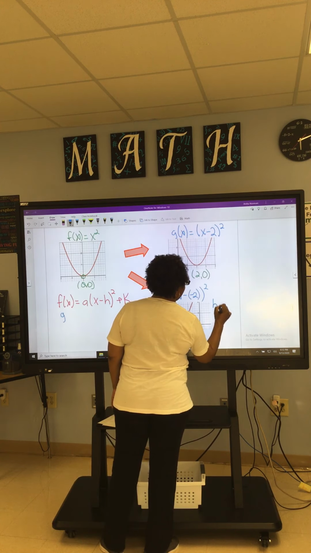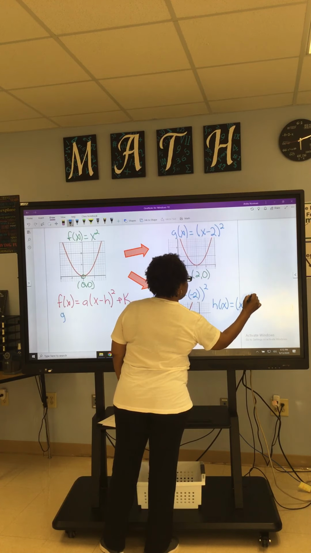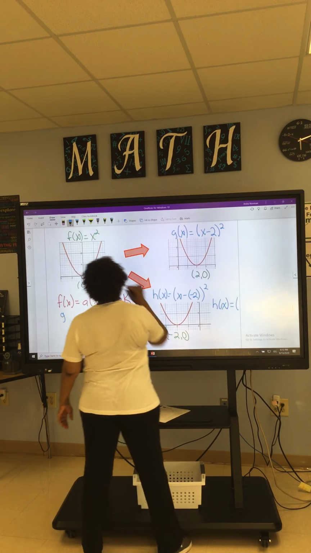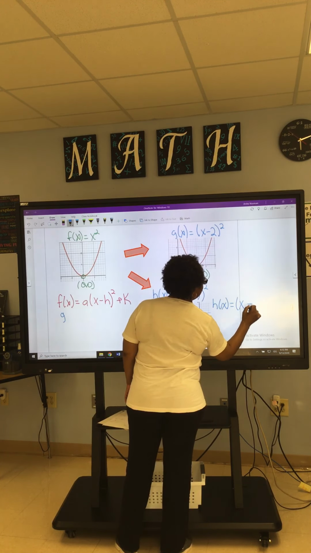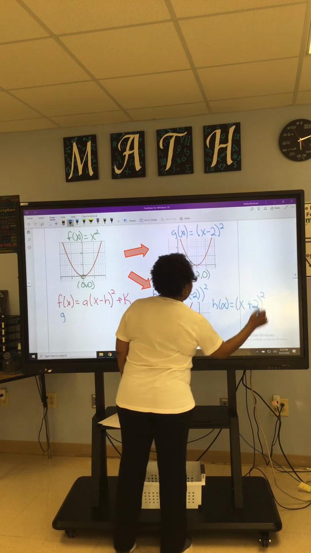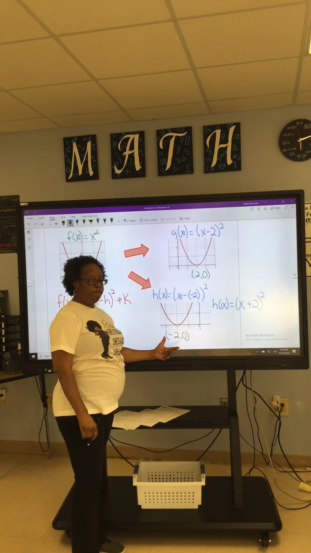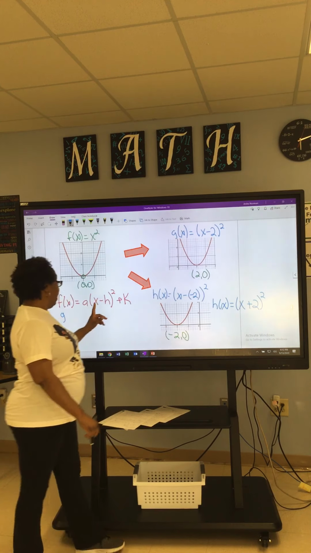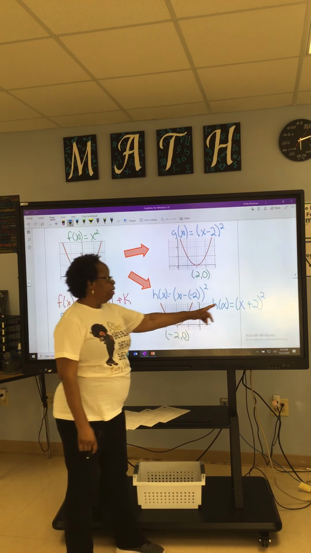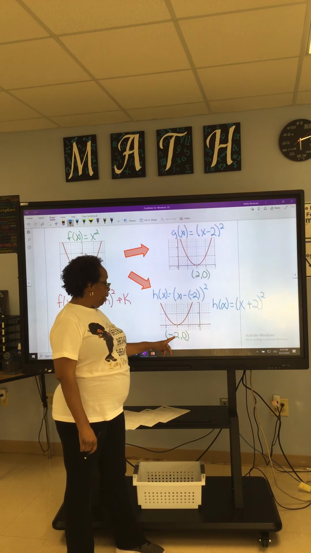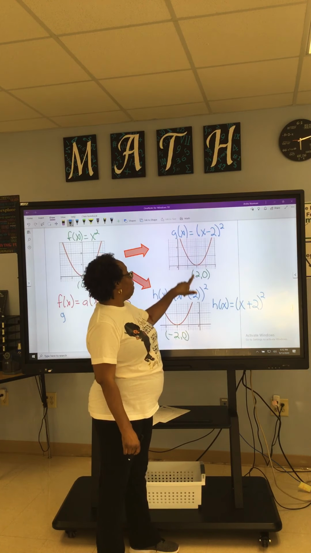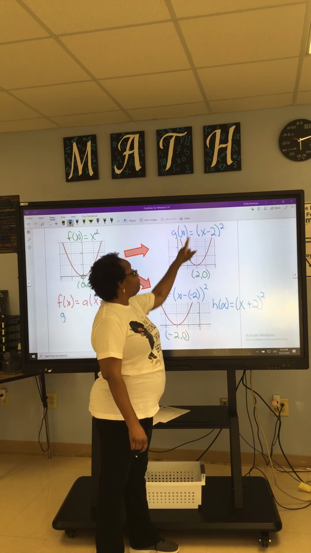So we have h of x equals, parentheses, x plus 2 squared. So a left shift looks like it's adding 2. Remember the 2 initially was negative, and the formula has a minus. So minus a negative gives me the plus, but it's a left shift because my vertex is negative 2, 0. Up here, it was a right shift, even though I plugged in 2, because minus 2 is the formula.